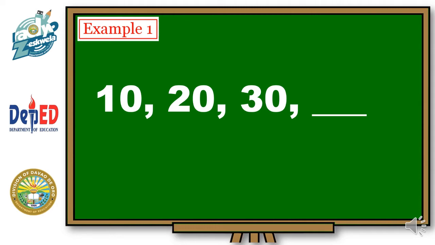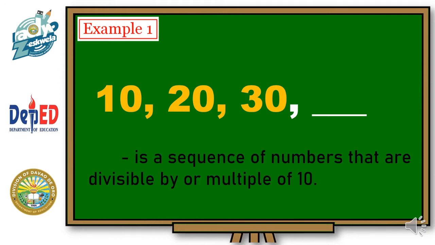Like in our example 1, you are given a sequence with first 3 terms, 10, 20, and 30. From this example, you can then generalize that the sequence is a sequence of numbers that are divisible by or multiple of 10.